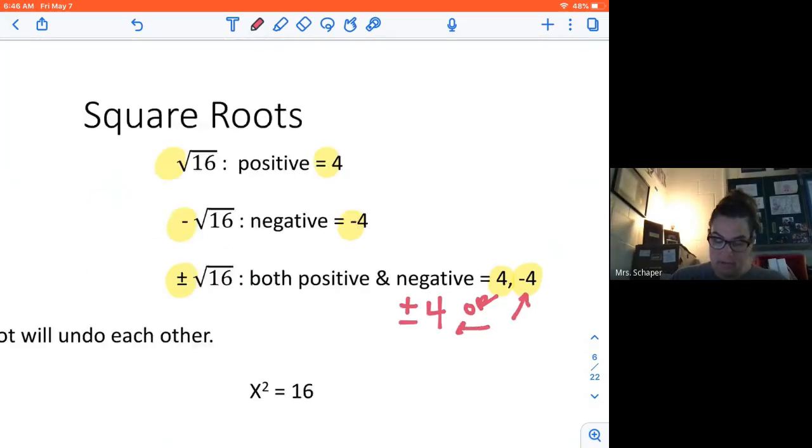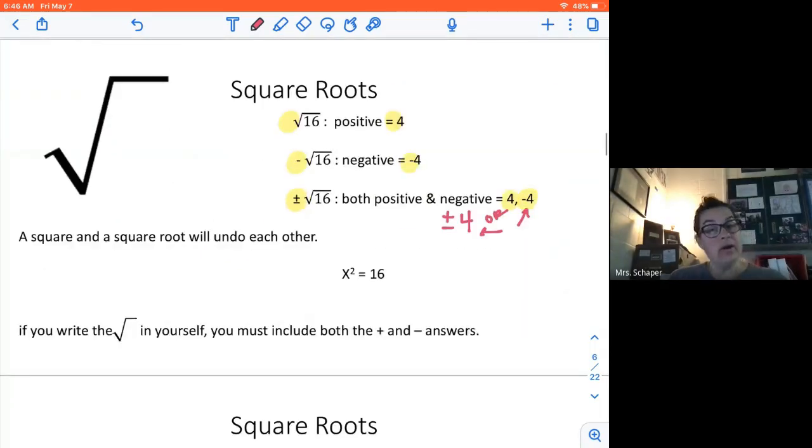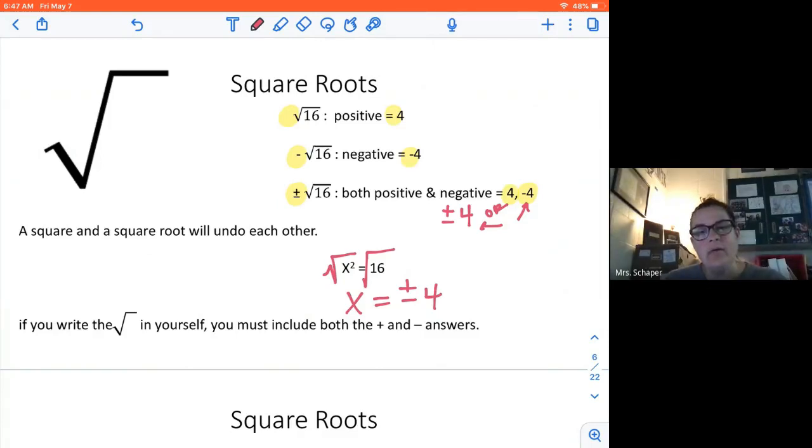Okay. So the square root undoes a squared quantity. So when we have an equation like this, when you square root it, we're going to give both answers. Okay, come on, Ms. Shopper. You just said if there's a sign in front of it, we put a sign after it with the answer. But if there's no sign in front, we're not supposed to. And you're probably thinking, there's no sign in front.